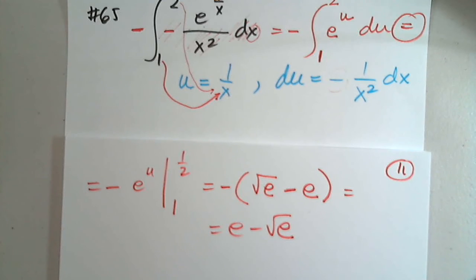It's going to give me whatever number. And then I have e subtract the square root of e. And this has to be exactly the same number. Okay? So it has to be the same. No question about it.